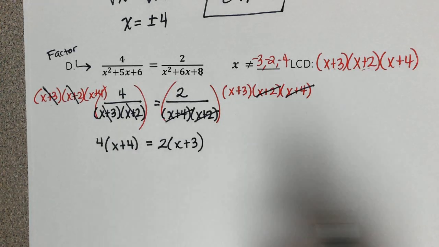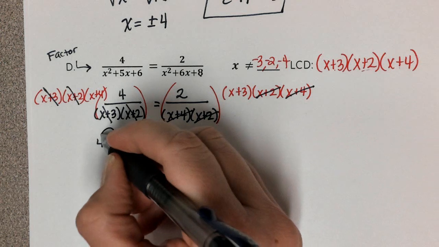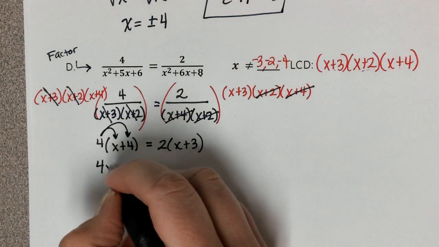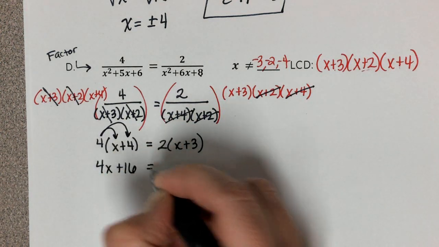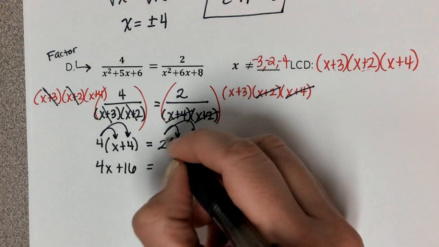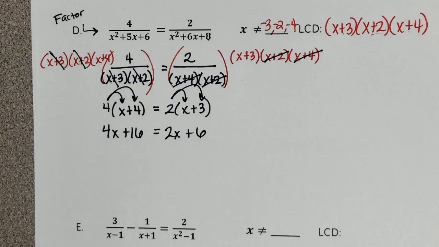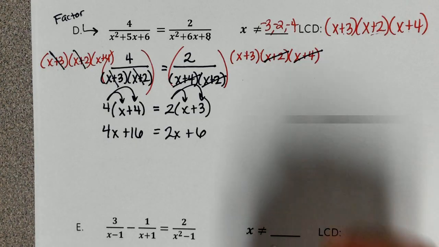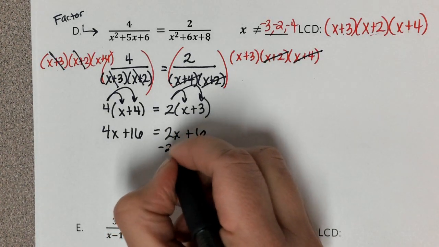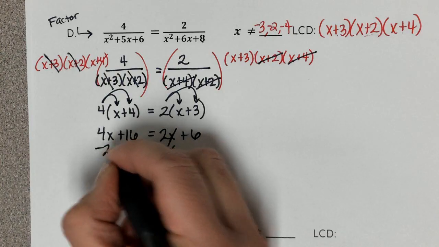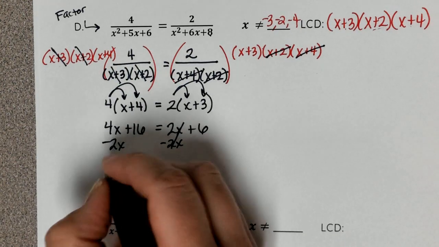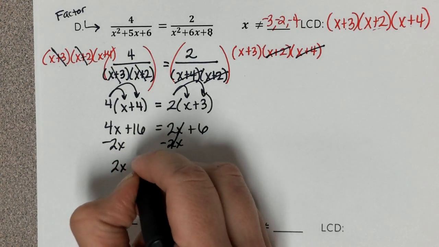Okay, so now we just solve, distribute. 4x plus 16 equals 2x plus 6. We need x's on one side, minus 2x. 4x minus 2x is 2x.